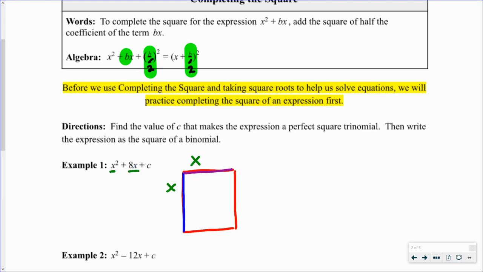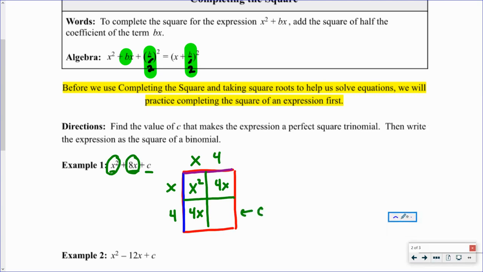And then 8x, we need to divide that coefficient in half. So now if we multiply this out as it stands, x times x is x squared, which gives us the first term over here. Then if we continue with our area diagram, 4 times x is 4x. x times 4 is also 4x. Now, if we add those two together, we get our middle term. Now, to make this a perfect square, we need this term c.